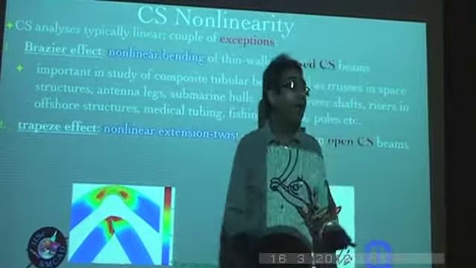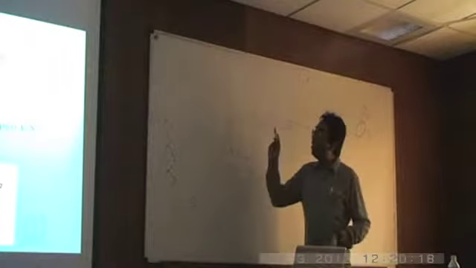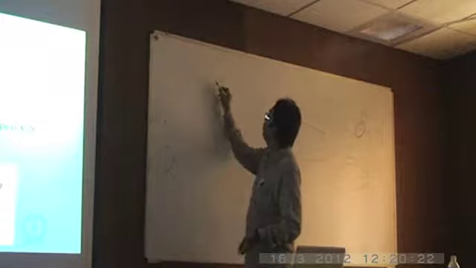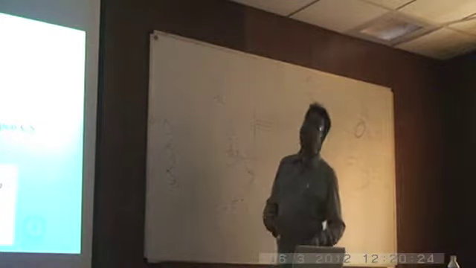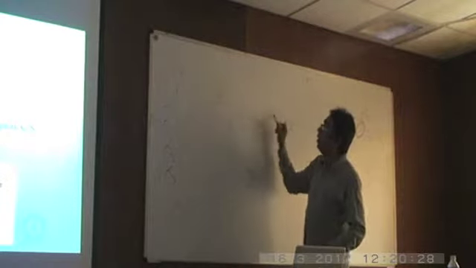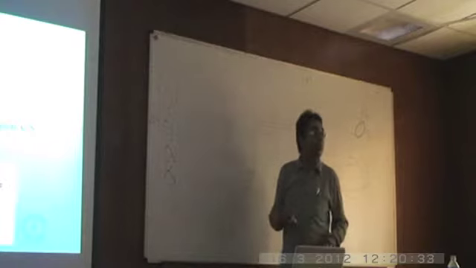In this case, it is a diagonal element which is getting affected, either S33 or S44, that is your brazier effect. But here it is an extension twist coupling that we are looking at. In particular, you are looking at this term S12, which couples your gamma 11 bar with your kappa 1 bar.